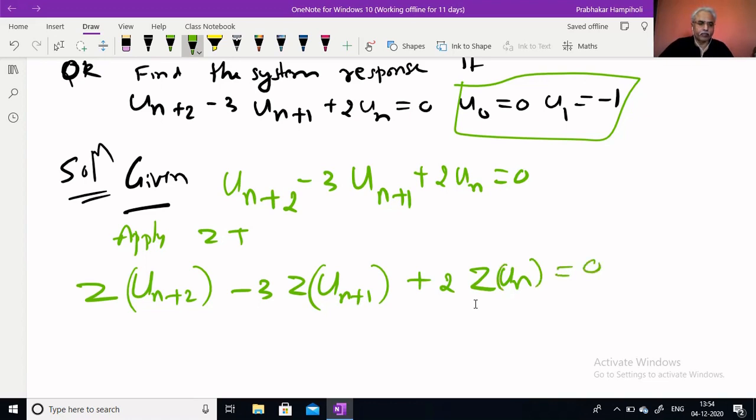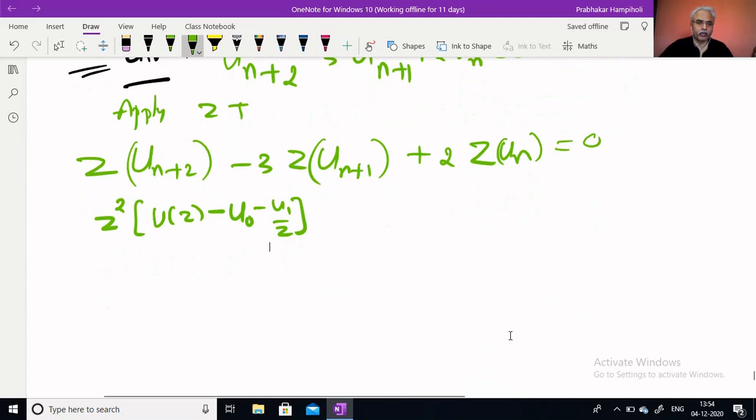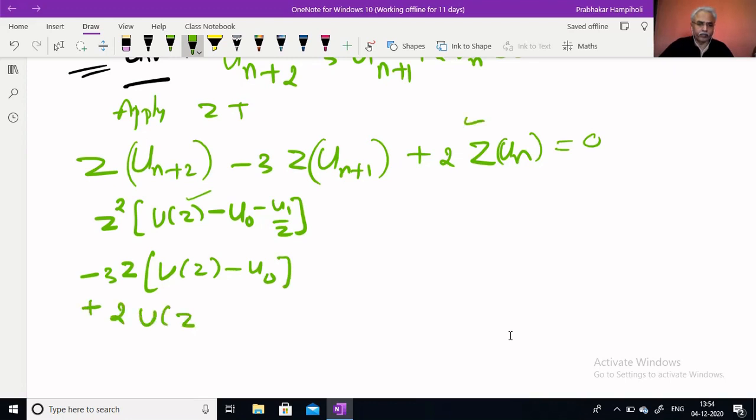So this becomes z square into bracket u of z minus, applying shifting theorem, u0 minus u1 by z. So purposely I am writing one below the other so that you can collect u of z terms very nicely. Minus 3 times z raised to 1 into bracket u of z minus u0. Last one plus 2 times u of z.